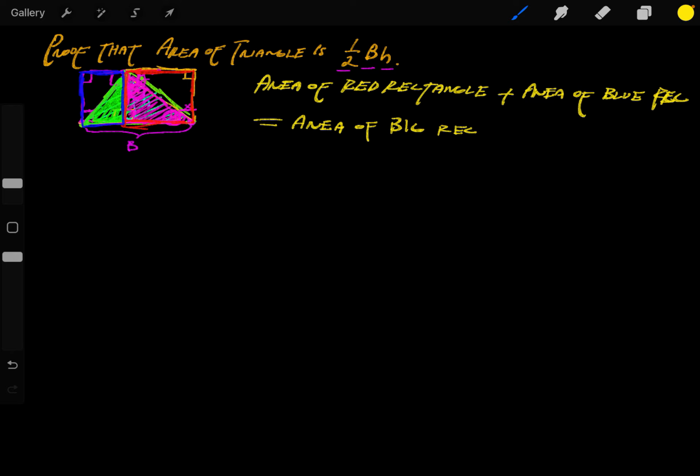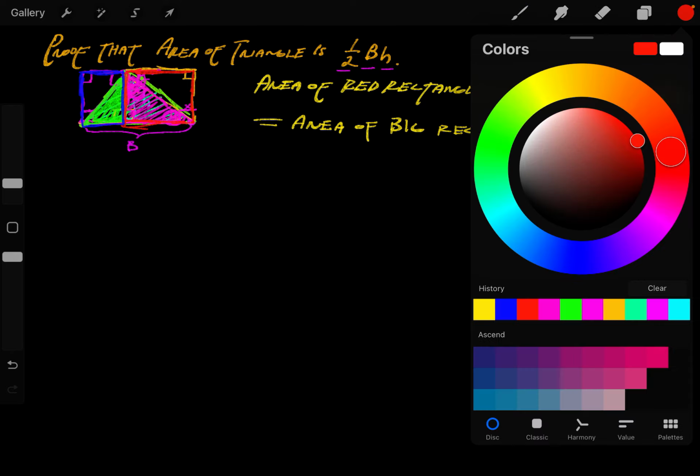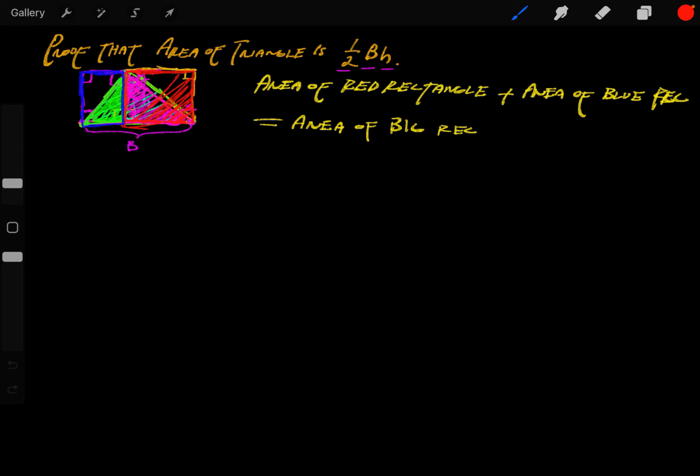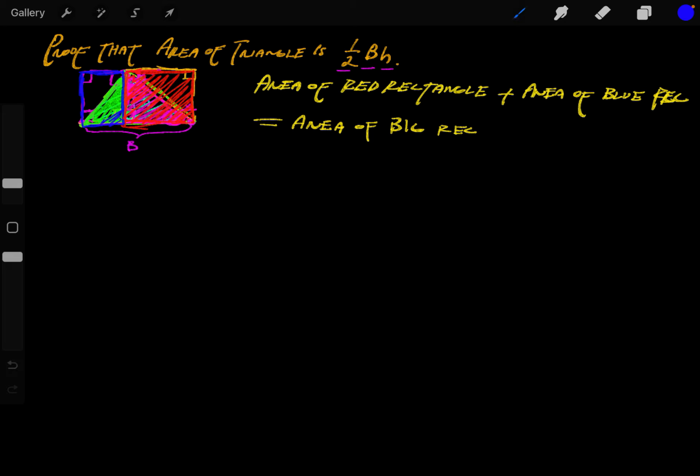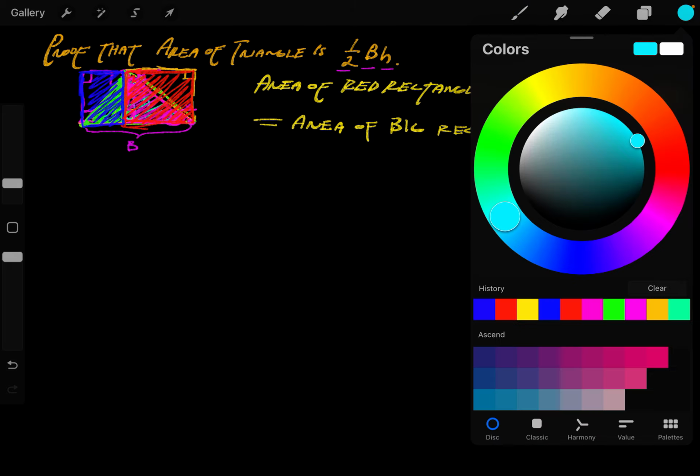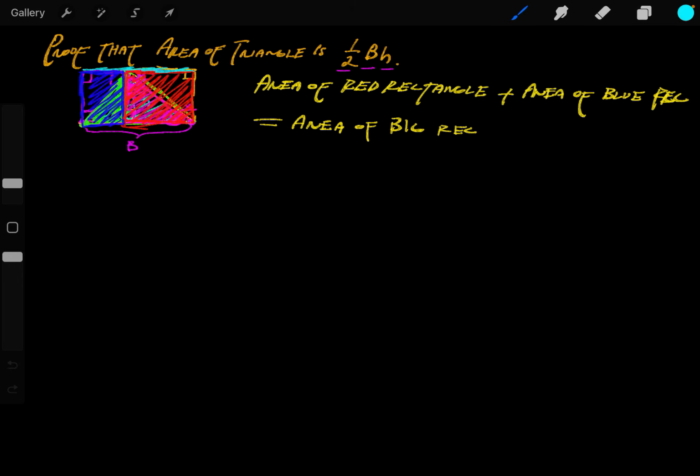Now that should be clear, right? The area of this rectangle plus the area of the blue, this rectangle, you should see is the area of the entire rectangle. So this is the entire rectangle here, right?